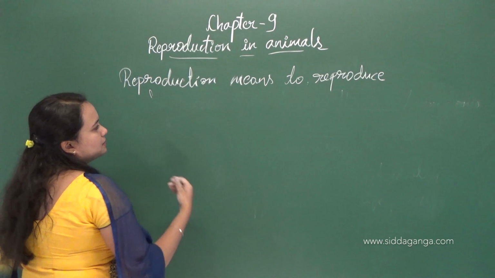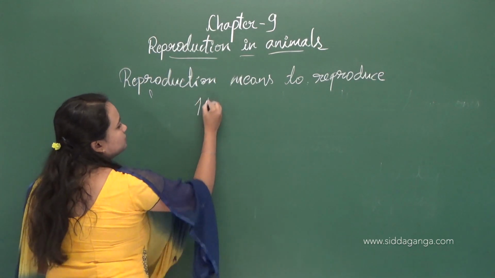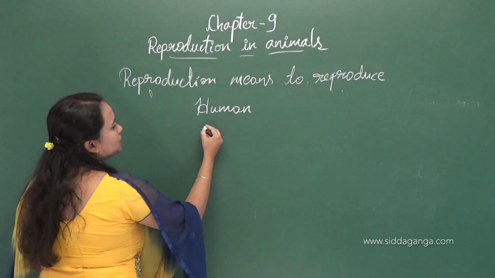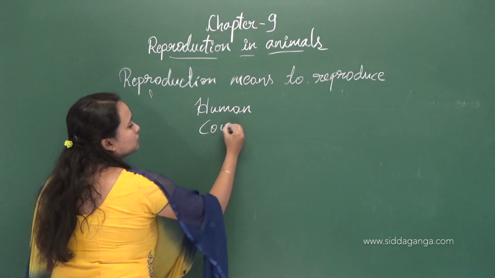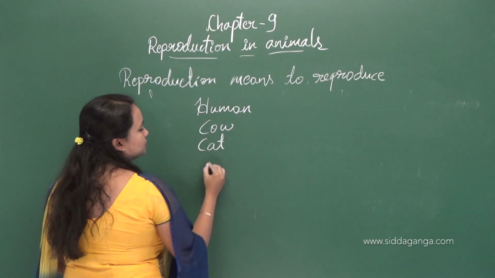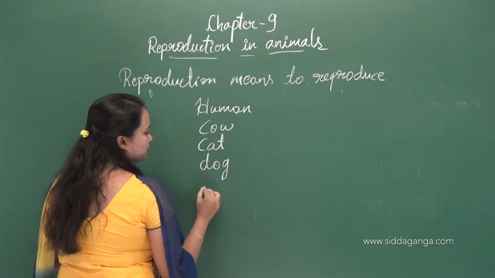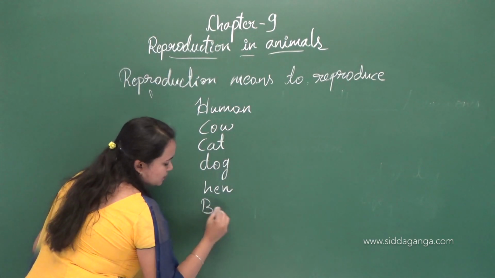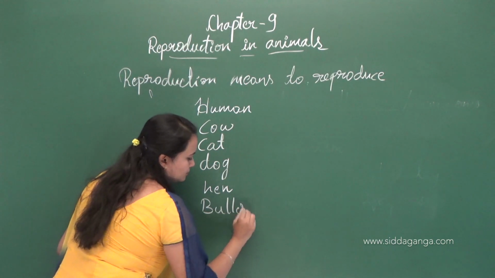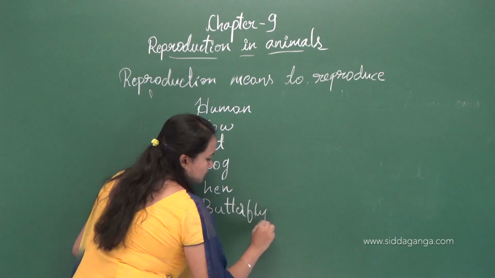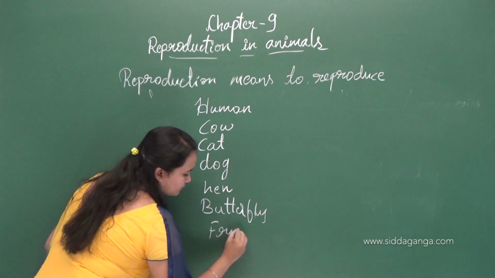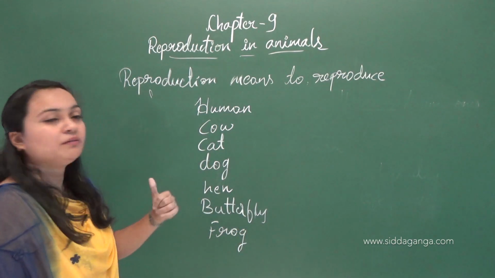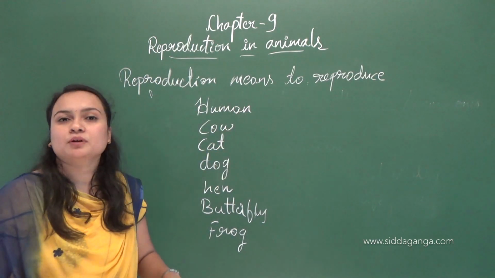Now I'll write some species: human, cow, cat, dog, hen, butterfly, frog. These are different types of living organisms, and they give birth to young ones.